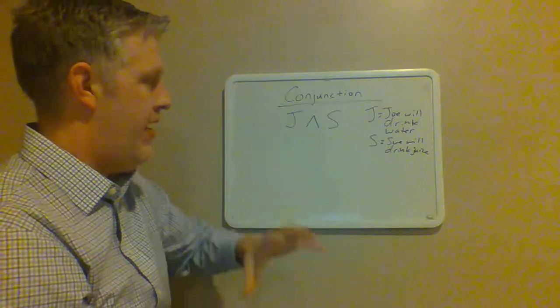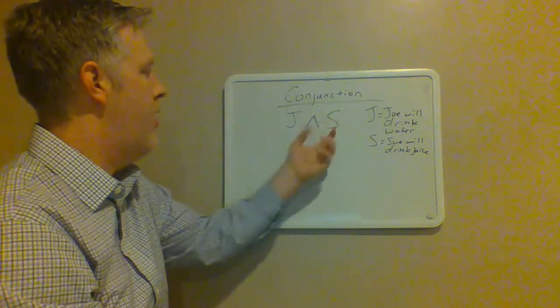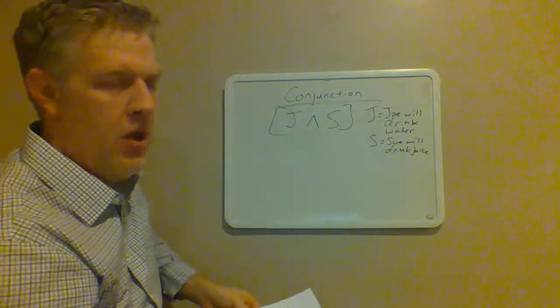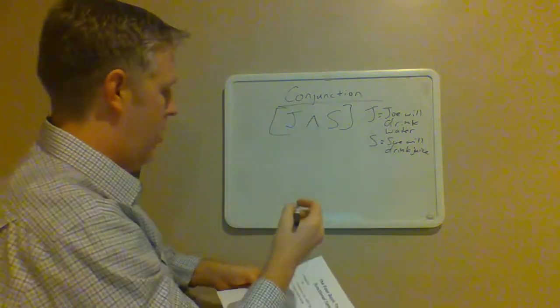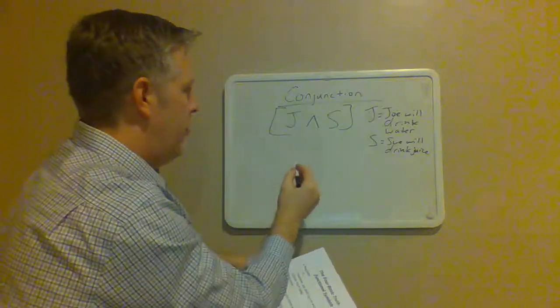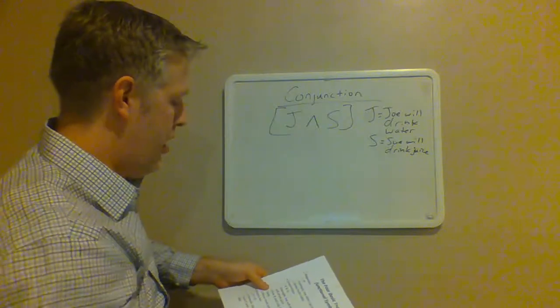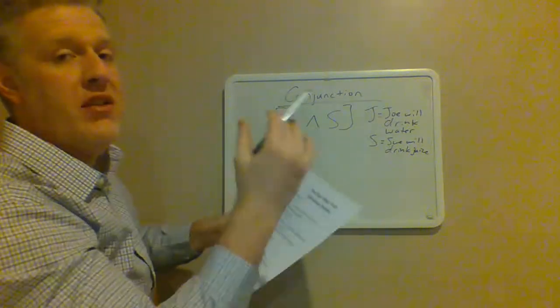Now, when is that compound claim, that more complex claim overall, going to be true and when is it going to be false? You want to remember this shorthand: it's going to be true if and only if both conjuncts are true. Provided either one is false, or both are false, the whole thing is going to be false.